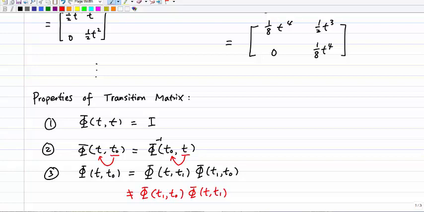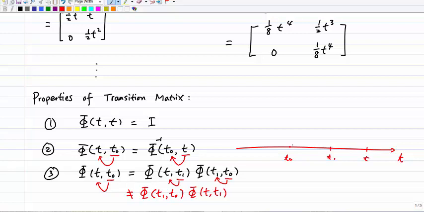The third property of the transition matrix: the transition from t0 to t is the same as you first transition from t0 to t1, and then you transition from t1 to t. If I draw a time axis like this, this is t0, this is t1, this is t.